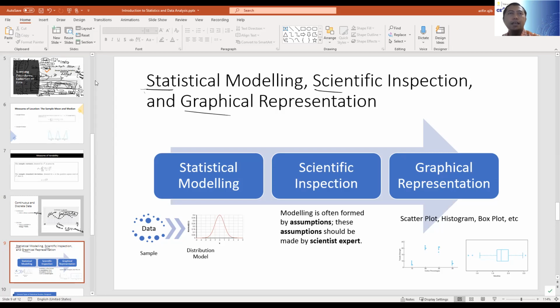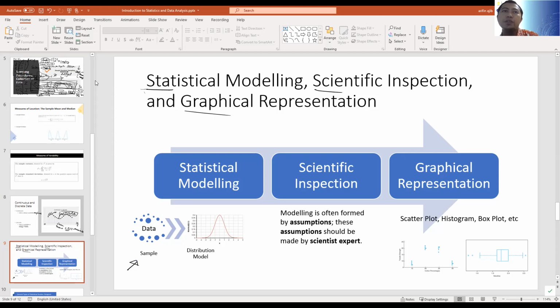Let's start from here. Statistical modeling is a kind of model. Model of what? Model of sample. Sample of what?